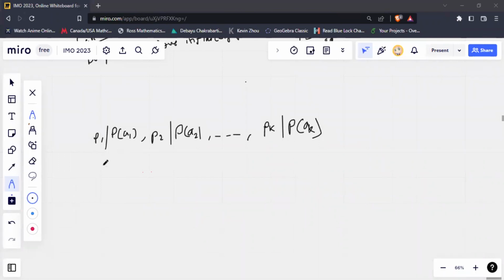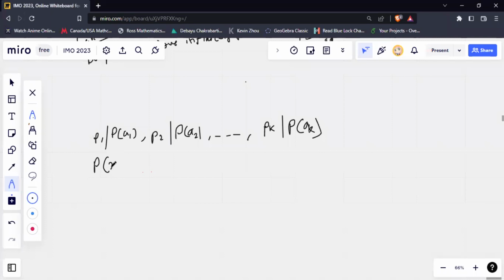Can you? By CRT you can. Now we need to just find a value of this polynomial that is relatively prime to this p of x. Yeah, but that's the hard part.